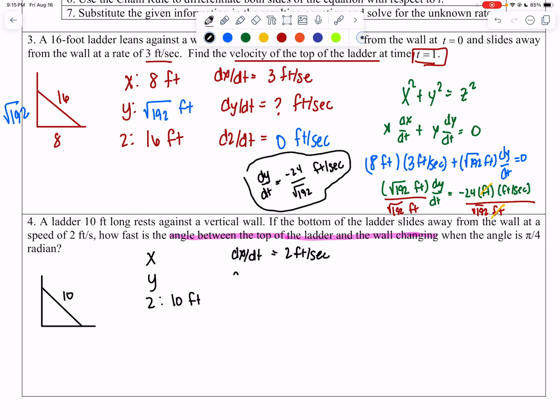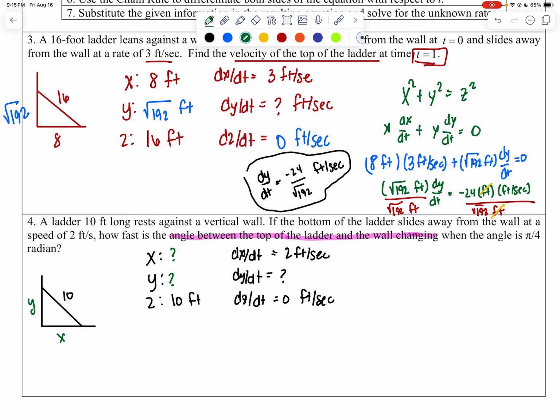I don't know what dy dt is. And of course, I know that dz dt is going to be 0 since the length of the ladder is never changing. I don't know what x is and I don't know what y is, so we're just going to leave them like that, x and y.